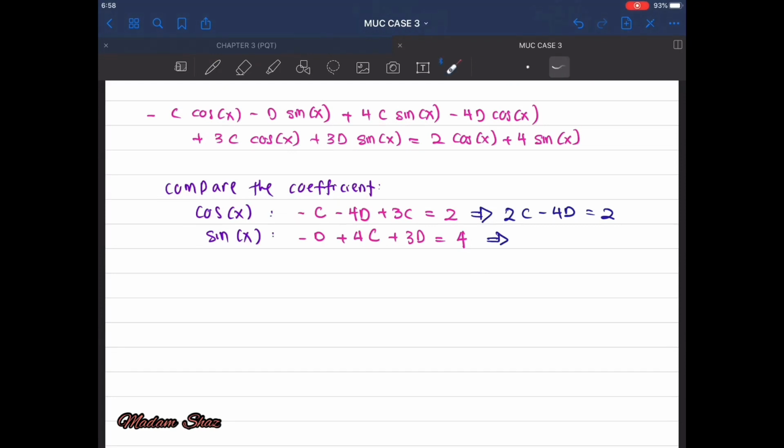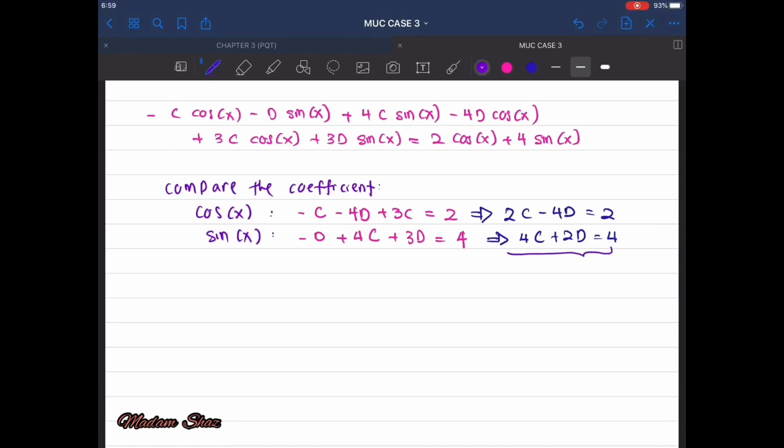So we can simplify more. Negative d plus 3d will become positive 2d. So for the equation above, you arrange c at the front. So you have to make sure that this one is also in terms of c. So you have 4c plus 2d is equal to 4.